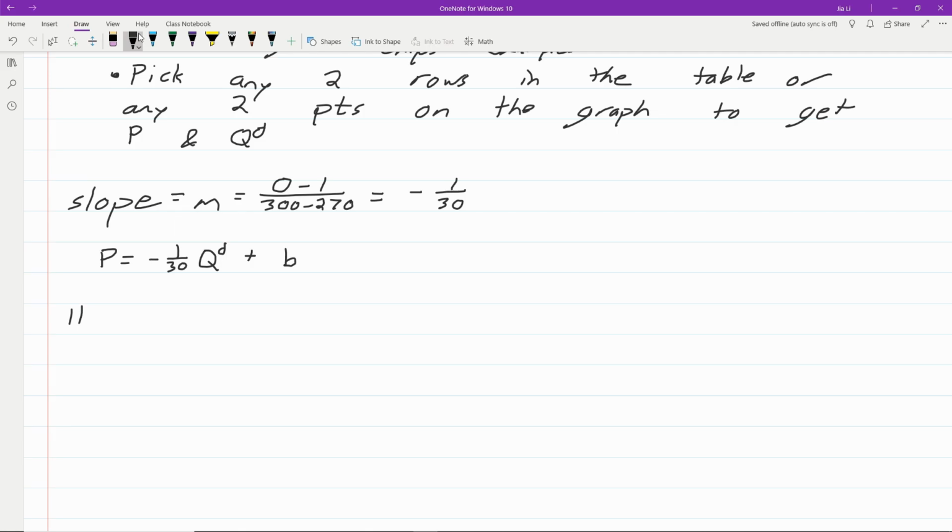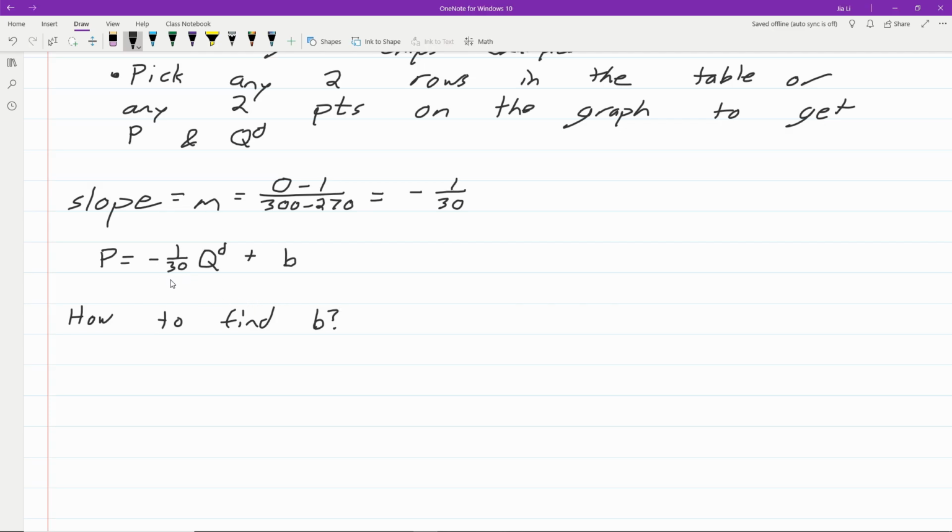So how do we find b? Well, now that we have calculated the slope, finding b is actually pretty simple.